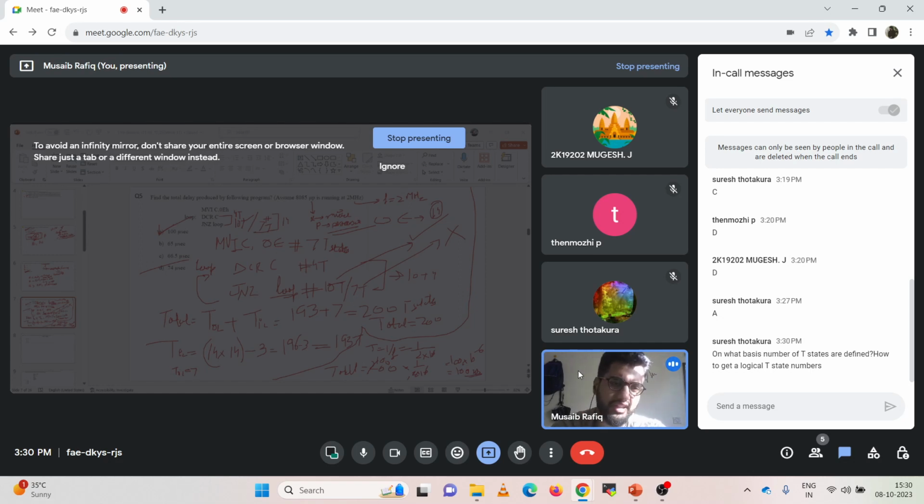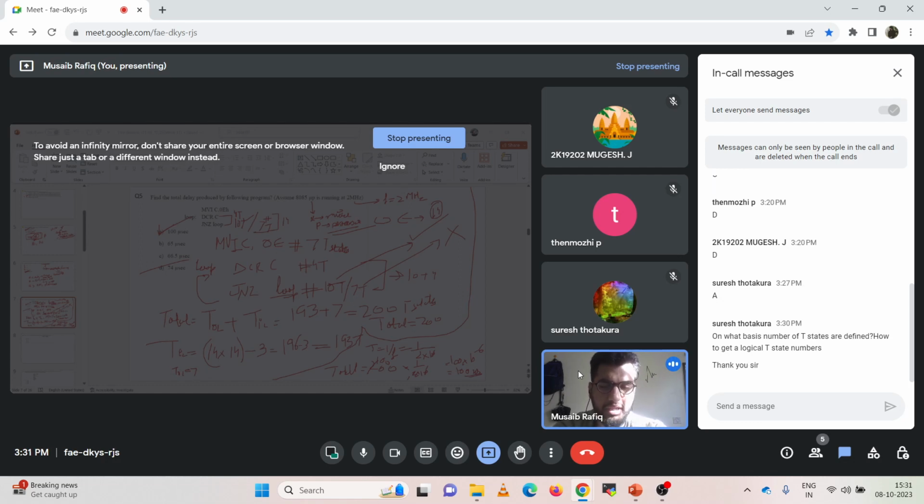I don't know whether they will contain the logical reason behind that, but in the books you will find how they are defined and how many T states each instruction requires. In fact, I don't know how they come up with these numbers, but most certainly it will contain the details of how much delay each instruction takes. But regarding the reasoning behind it, I'm not sure, to be honest. Please check that book. Maybe you'll find something there.